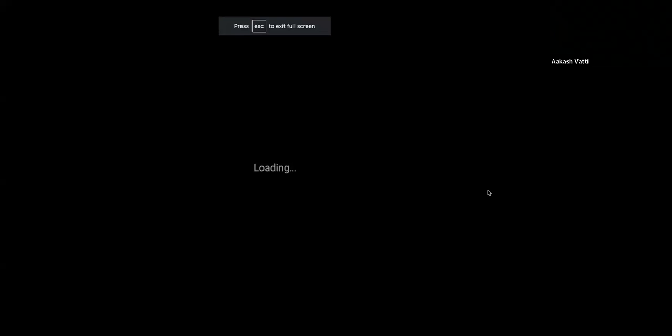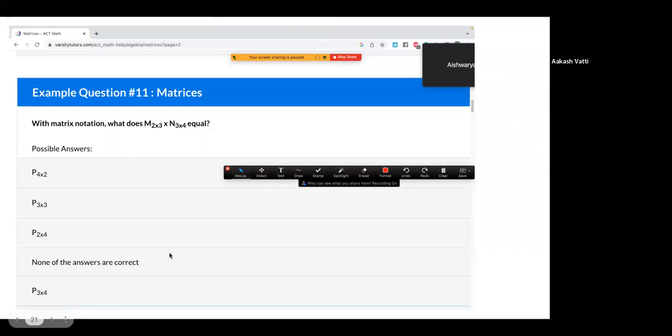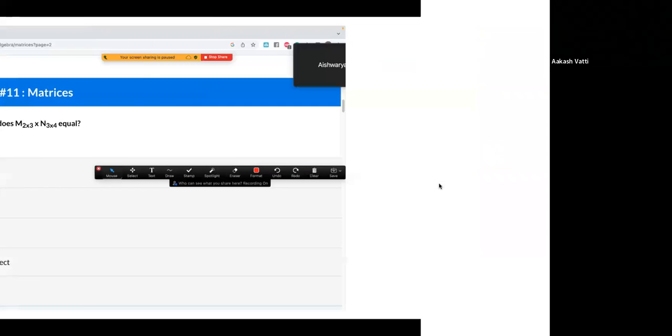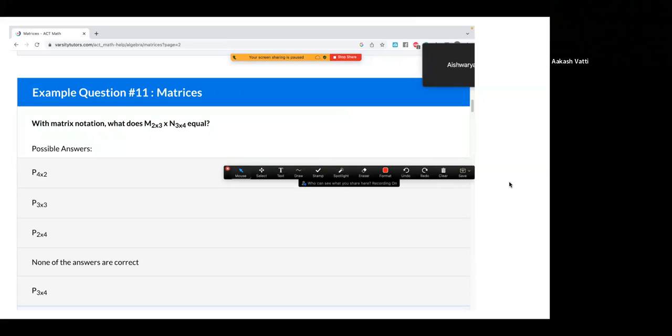All right. This one just tests theoretical knowledge of matrices. It shouldn't take too long. Again, just put your answer in the chat after you get it. If you don't remember, I do have the way of figuring that out in one of the previous slides.